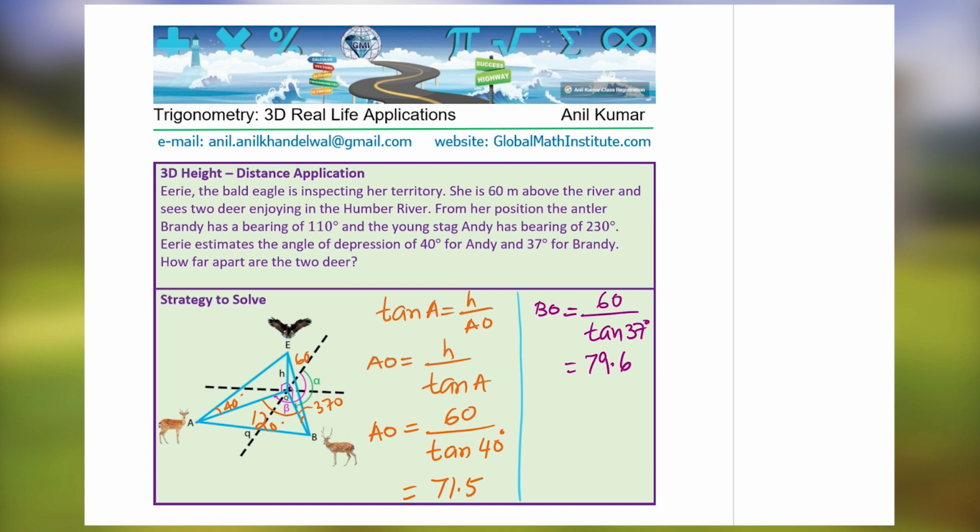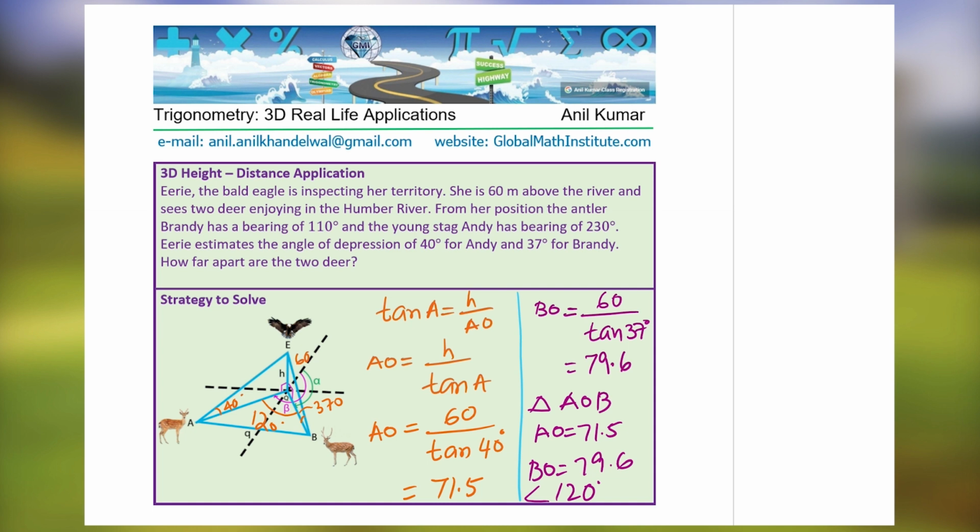So we get 79.6 meters as the length of BO. Now we look into the triangle AOB. Now in this particular triangle, I know that AO is 71.5 and BO is 79.6. And the angle in between is 120 degrees. Perfect. Now how do we solve this triangle?